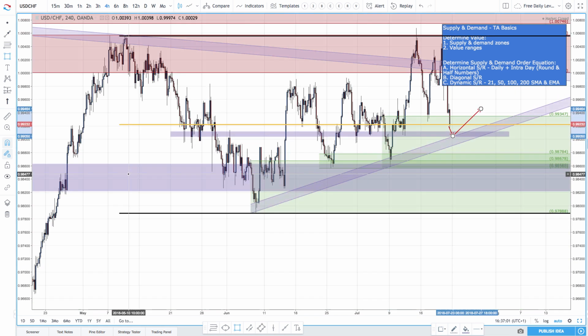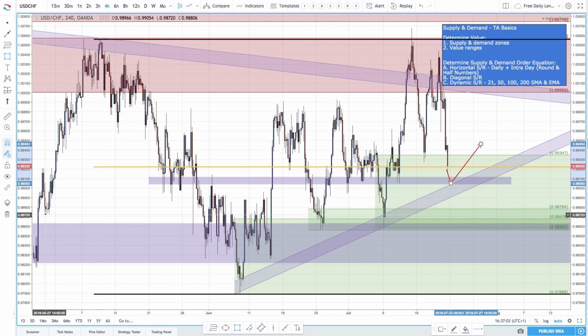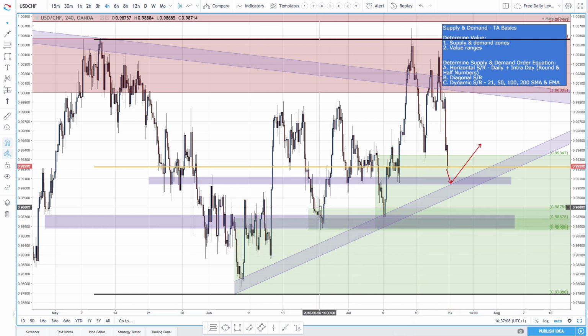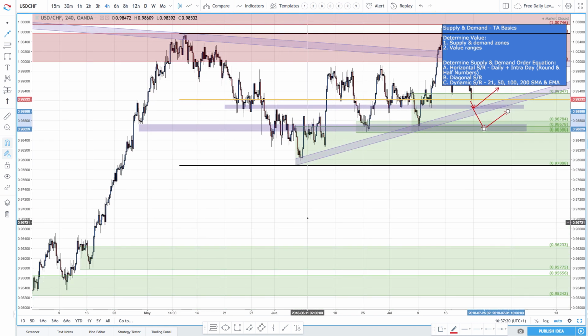And then what we have is an area right here as well. If I get rid of this overall bigger level, so we've got support here. If prices do again come down to this level here, this will be the second area I'll be looking to try and get long, and so on and so forth, right?